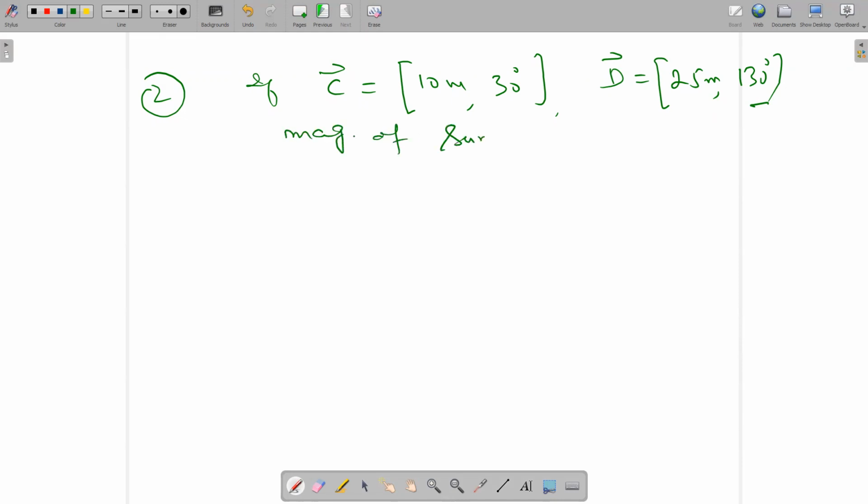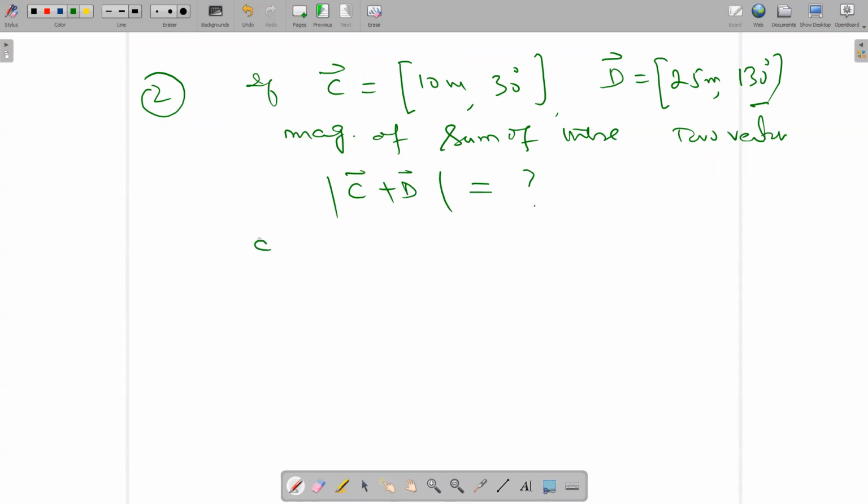So it means you need the magnitude of C plus D. You want to find this one.